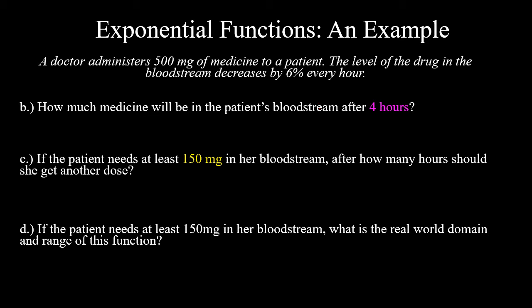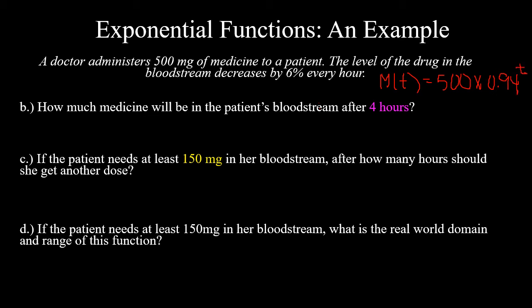So remember, our function, let me write it at the top, is, oops, not G. I'm back in the last example. So the amount of medication, M of T, over time is going to be equal to 500 times 0.94 to the T power.